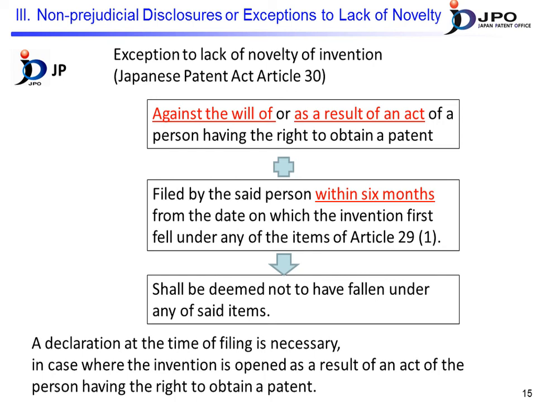The second is that it is a patent application filed by the said person within 6 months from the date on which the invention first fell under any of said items. Additionally, if the invention is opened as a result of an act of a person having the right to obtain a patent, it is necessary to submit a declaration at the time of filing to apply the provision of exception to lack of novelty of invention.